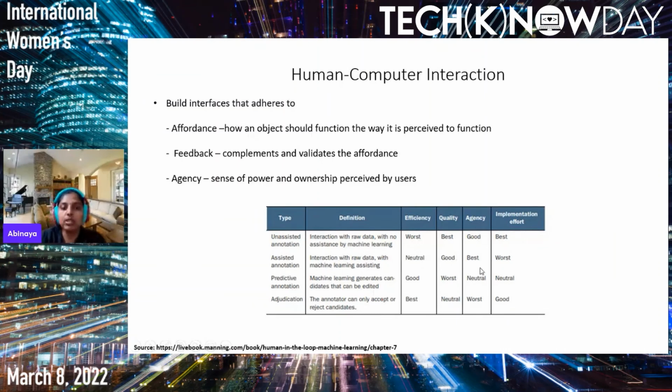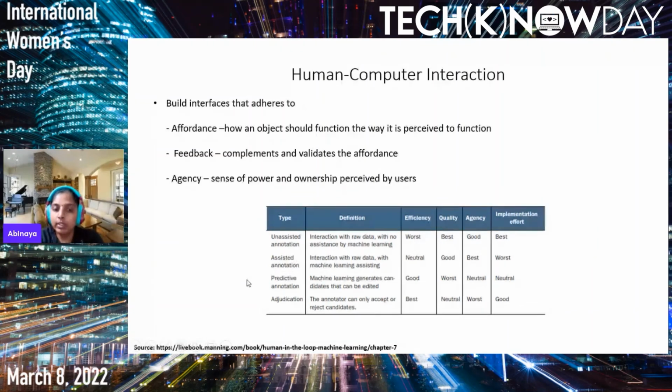Now they don't have to start from scratch; they have something to start with. And the implementation is worse in the sense you need to put together a mechanism to handle the machine learning models, and the user should also be able to interact easily with the interface. So that is what assisted annotation interface means.